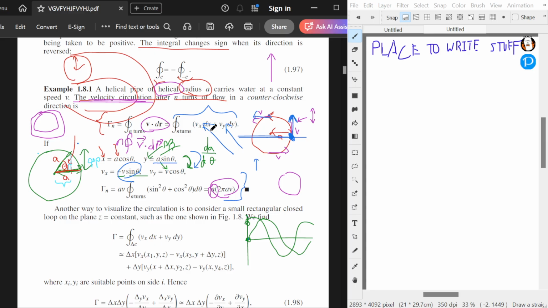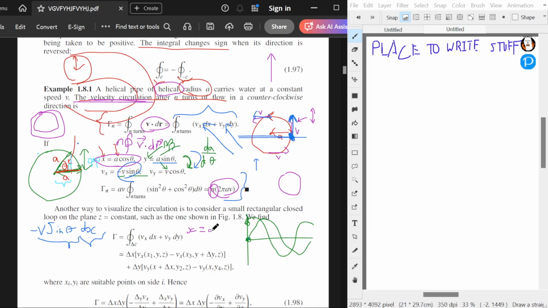We need to integrate this with respect to x. Vx dx minus v sine theta dx. But this is in theta and this is in x, so we need to either change this to x or change this to theta. And the easy way to do that is just using one of these things here.